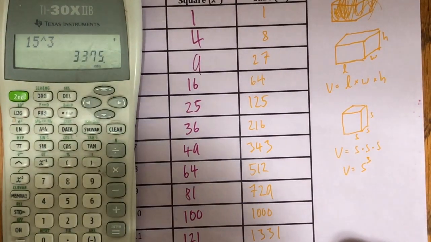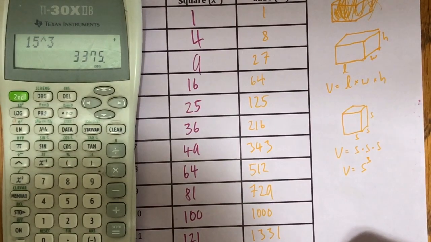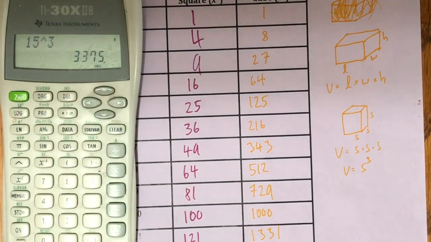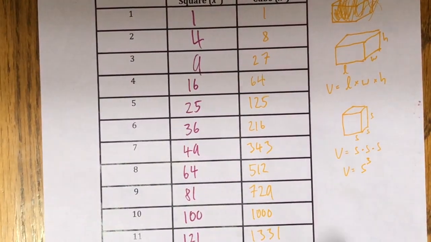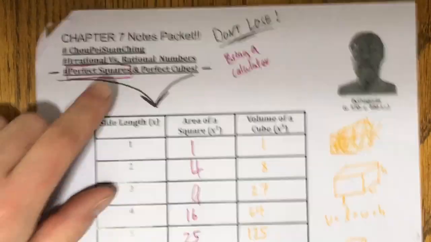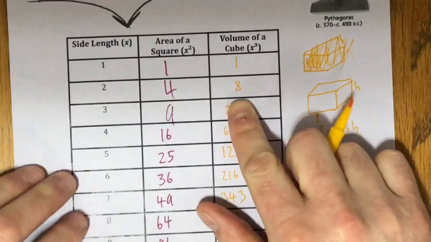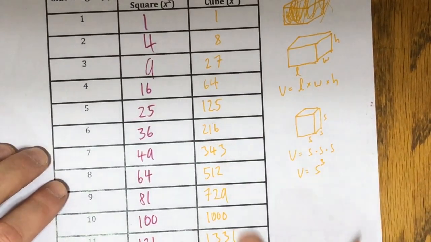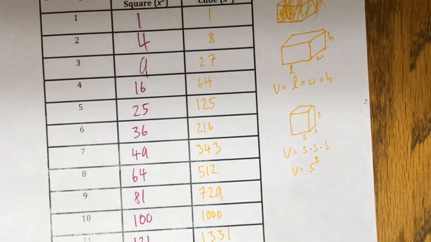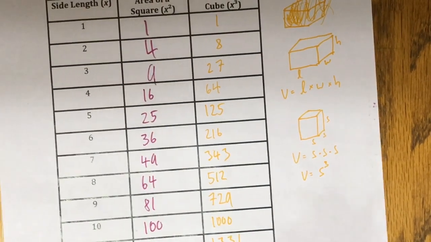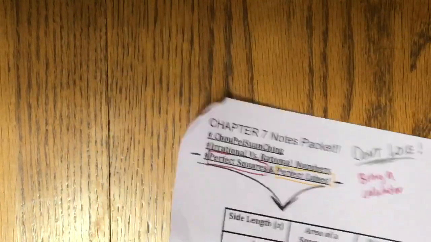And last but not least, 15 to the third power is 3,375. Okay, so this is what we call perfect cubes, just so you know. We call all these numbers perfect cubes, and they get bigger a lot faster than the perfect squares do, you'll notice.